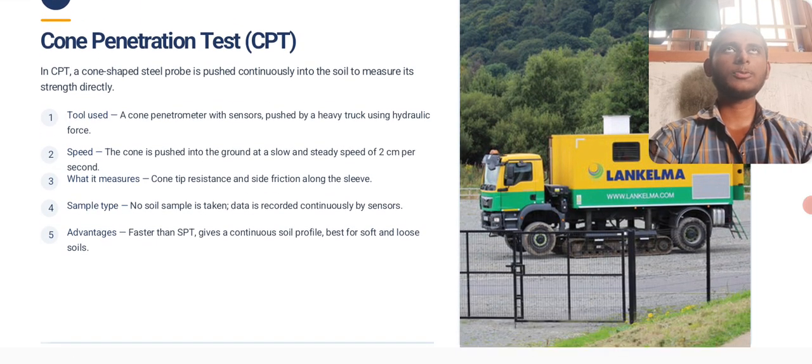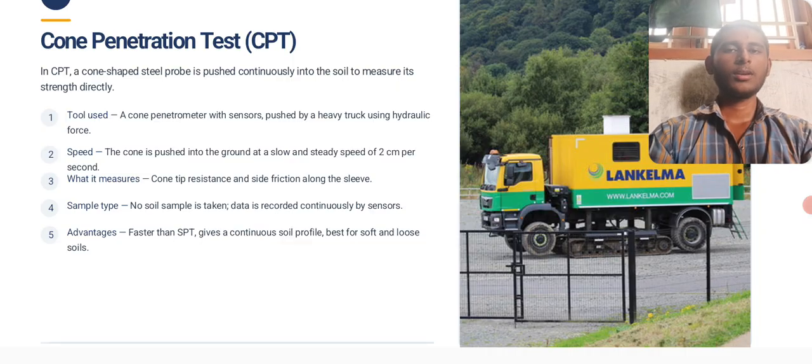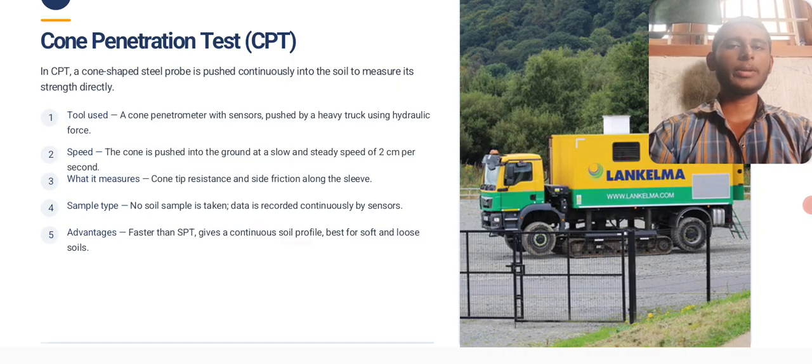And cone penetration test, CPT. The SPT test uses a split spoon sampler, and in the CPT test we use a cone shaped sampler. CPT is a cone shaped steel probe pushed continuously into the soil to measure its strength directly. Tools used: a cone penetrator with sensors pushed by a heavy truck using hydraulic force.